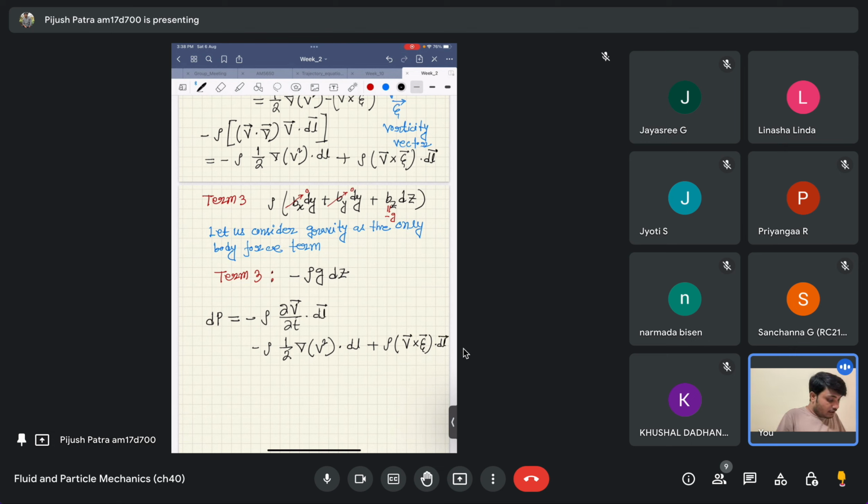What is the third term? Minus rho g into dz. So the first term is this, second term is this, and third term is this. Up to this it should be clear.